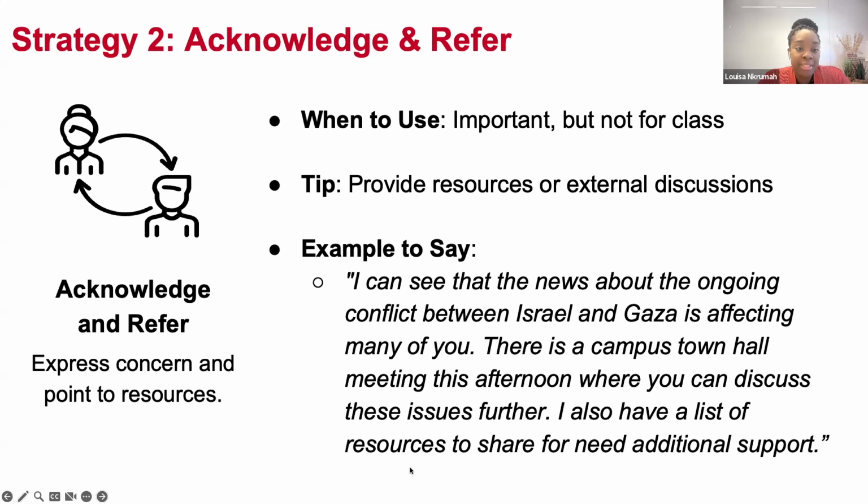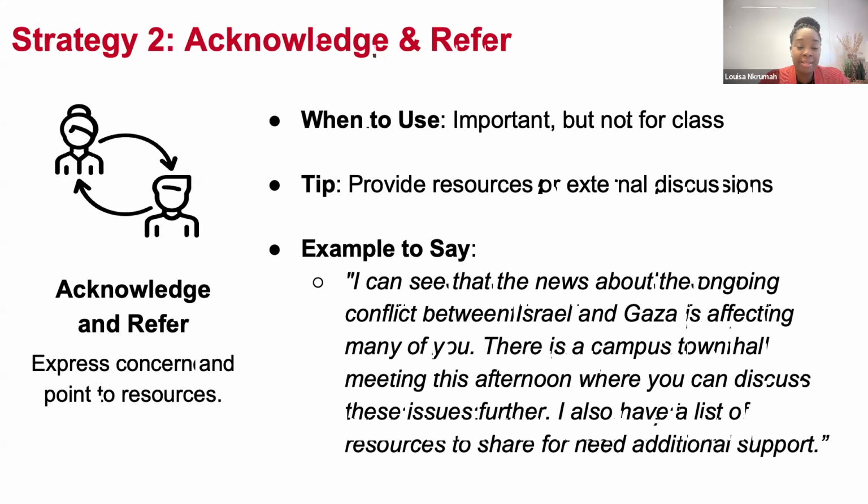So an example for this is, I can see that the news about the ongoing conflict between Israel and Gaza is affecting many of you. There's a campus town hall meeting this afternoon where you can discuss these issues further, and I have a list of resources to share if you need additional support. So you're letting them know that this campus town hall, which in this scenario we're assuming has experts, is a better place to go because those experts can tell you more about the issue and answer your questions.